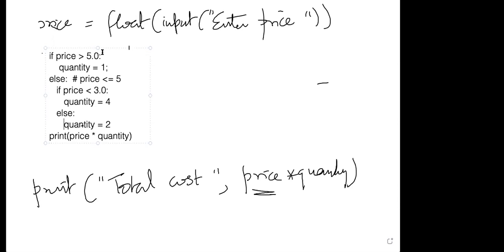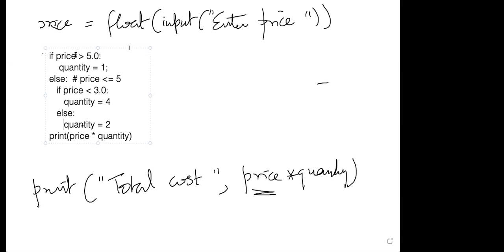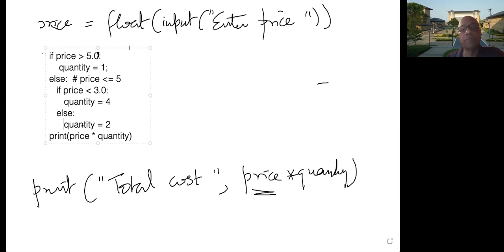It'll be false. Yeah, sorry. 3 greater than 5 is false. It is wrong. So in computer terminology, it is false.